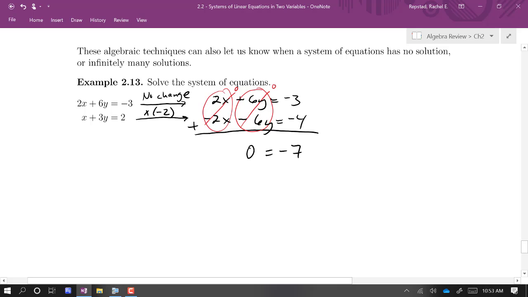And to determine what situation it is, you just look at the equation. The equation that we got when we eliminated these variables is never true. Right? There's no values of x and y that you're going to find that's going to somehow make 0 equal to -7. And so what that means is that this system of equations has no solution.